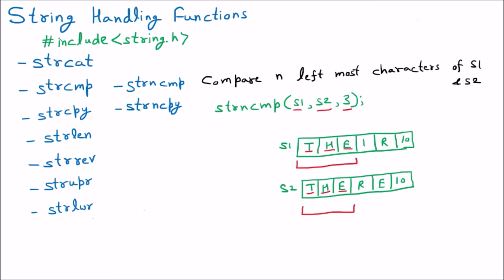In that case, if I take the first three characters, s1 is equal to s2. So the comparison answer will be 0. And we know that 0 comes when both strings are equal. So that is all about the strncmp function.